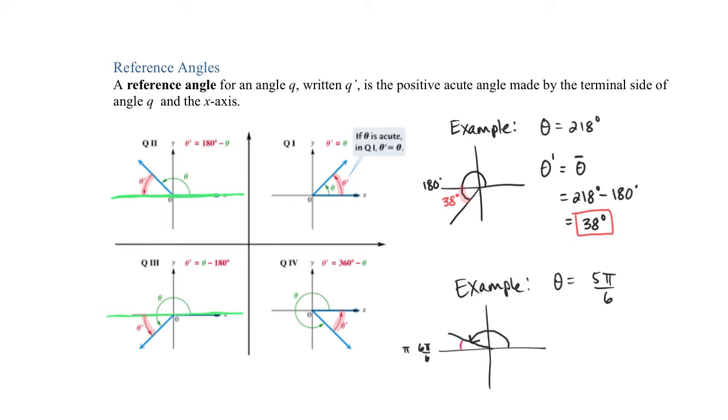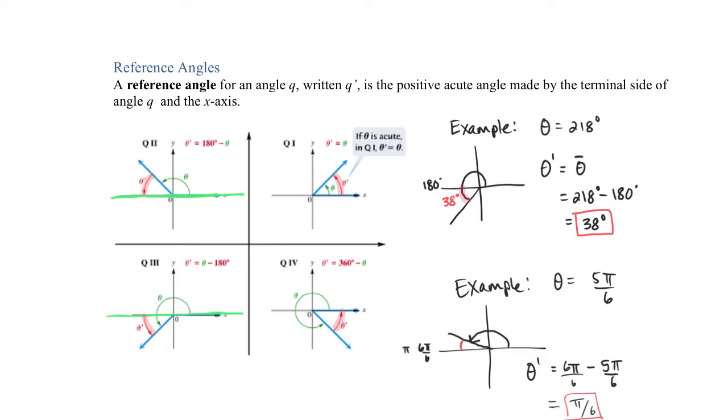And so we're in quadrant 2. So the way that we find our reference angle is we take 180, which in radians is pi, and we subtract our angle, which is 5 pi over 6. And pi is the same thing as 6 pi over 6, so that would give us our reference angle of pi over 6.